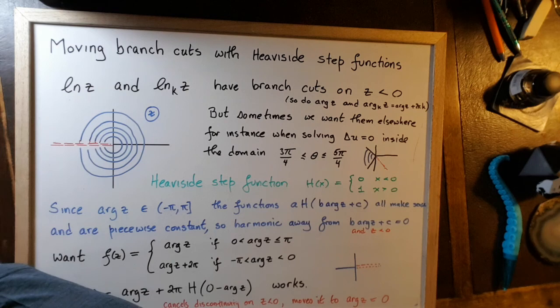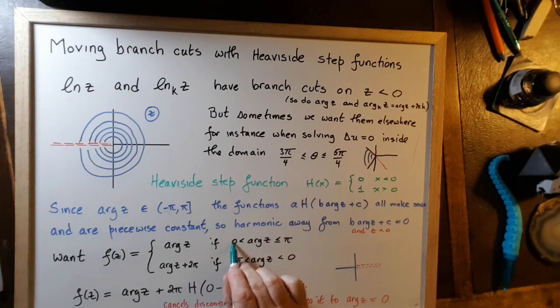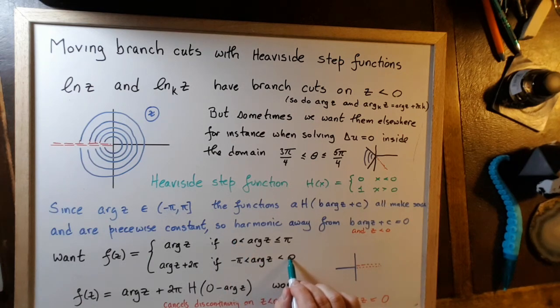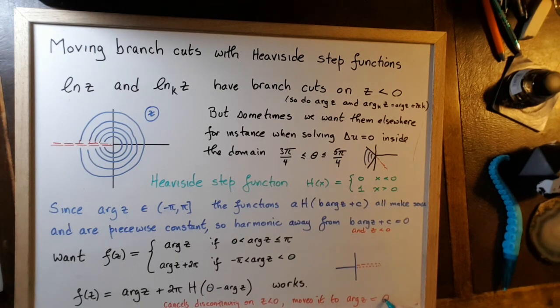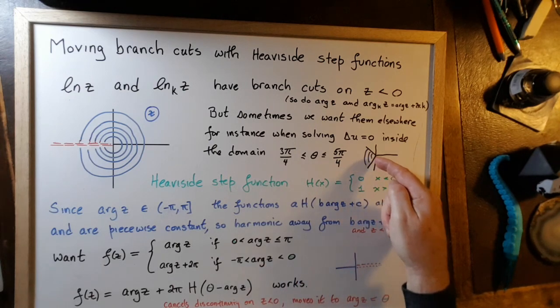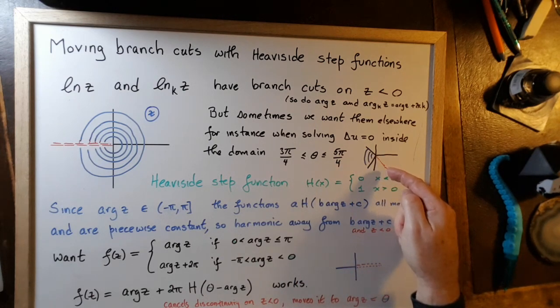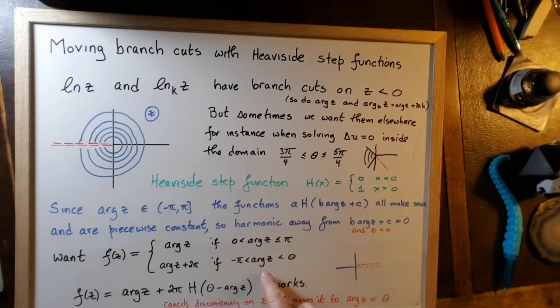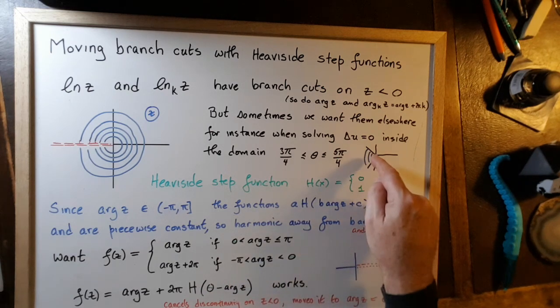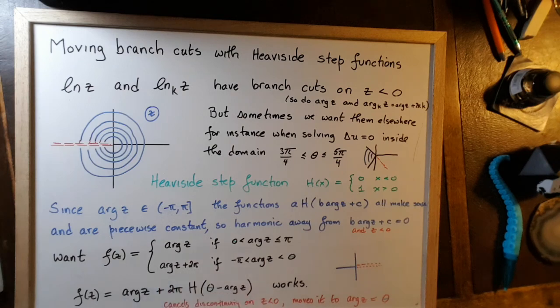Well, this is such a neat trick that in fact it works just fine if we move the angle to any angle theta. So arg z is always between minus pi and something. If we suppose we want to cut it off at this angle theta here, which happens to be negative, then for minus pi less than arg z less than this angle here, we make that equal to arg z plus 2 pi.